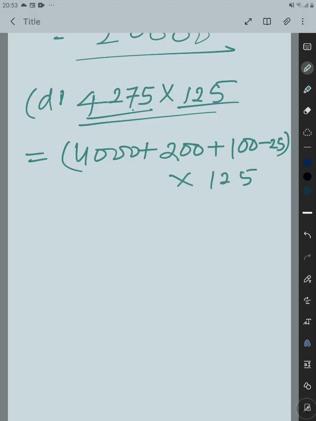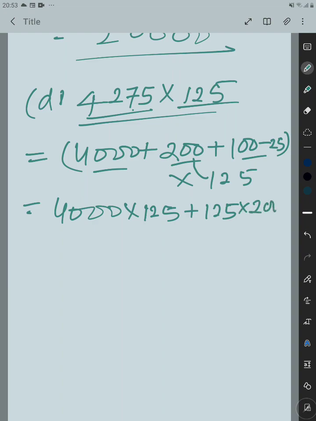If we expand this, 125 is multiplied with each one of these. So 125 multiplied by 4000, then 125 multiplied by 200, plus 125 multiplied by 100, and minus 125 multiplied by 25.